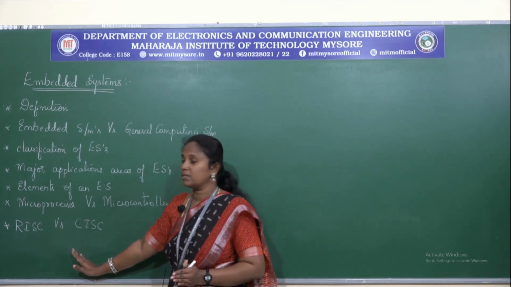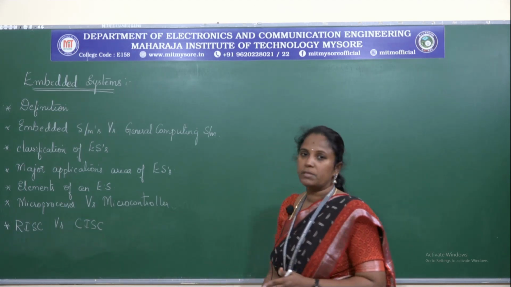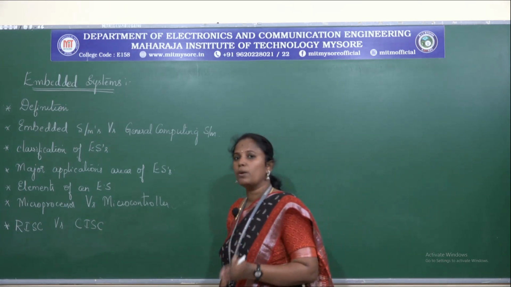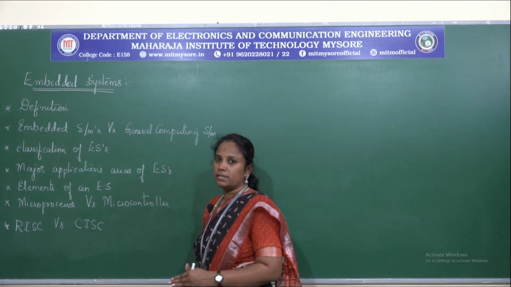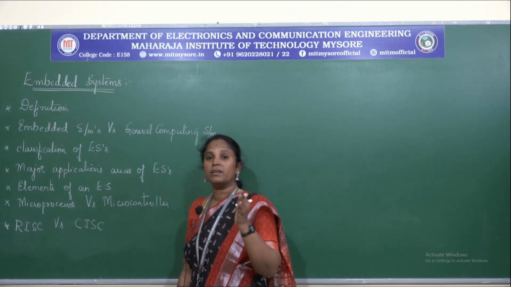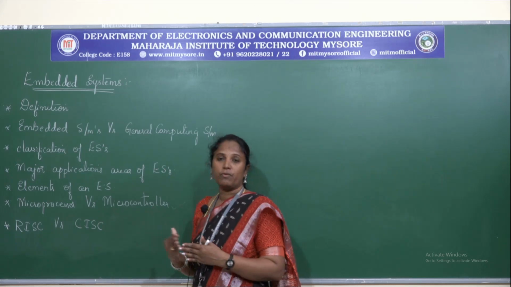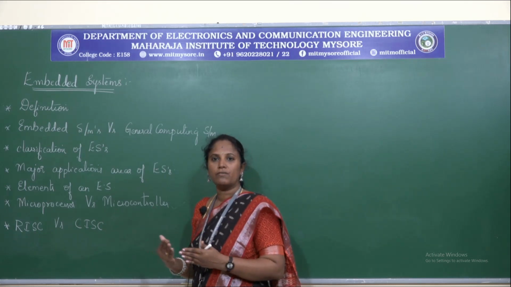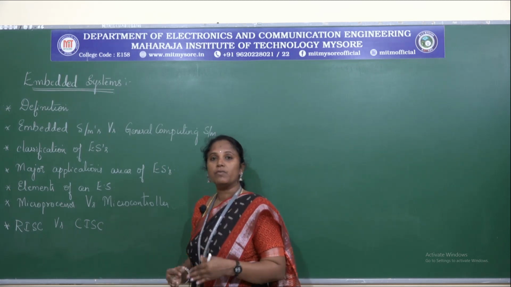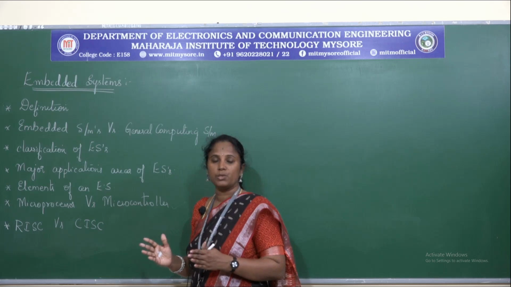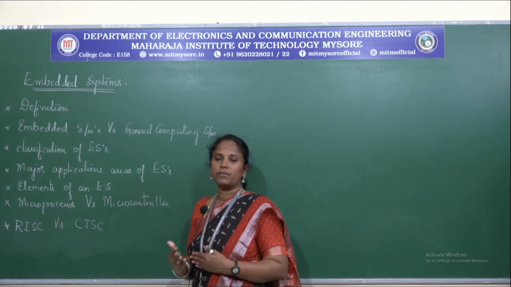RISC means reduced instruction set computing, and CISC means complex instruction set computing. Reduced instruction set computing means we have a reduced number of instructions for processing or for movement of our data.